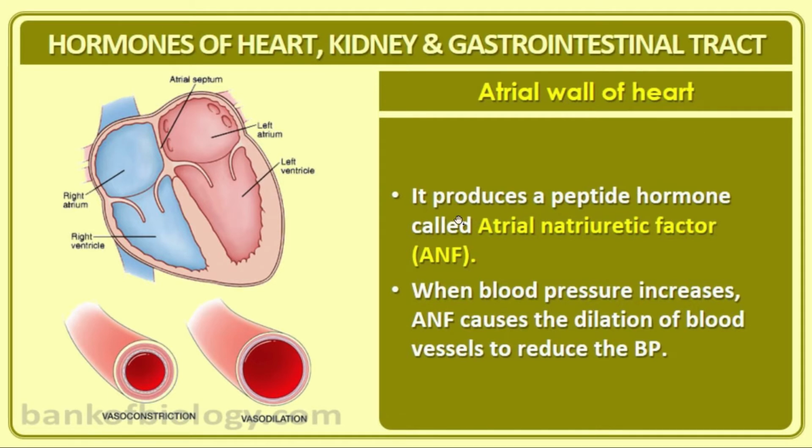The atrial wall of the heart produces a peptide hormone called atrial natriuretic factor, ANF. When blood pressure increases, ANF causes the dilation of blood vessels. That means it increases the width of the blood vessels to reduce BP, blood pressure.